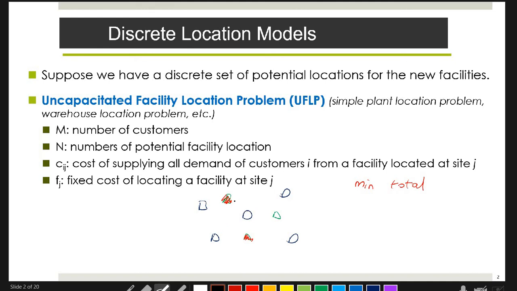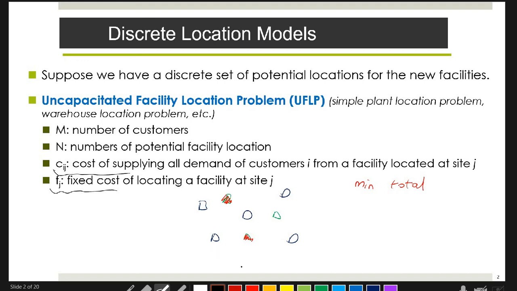In order to establish a facility, we have a fixed cost which we represent by Fj, and in order to satisfy the demand of a customer, we have an associated cost. We represent it by Cij, and this is the cost of supplying the demand of customer i from a facility which is located at site j.